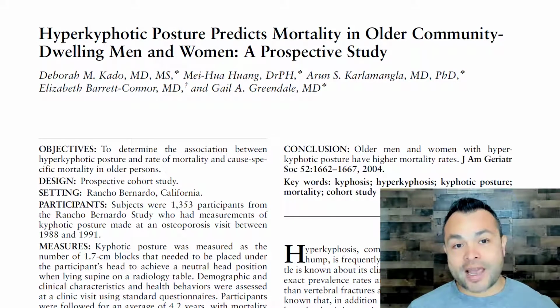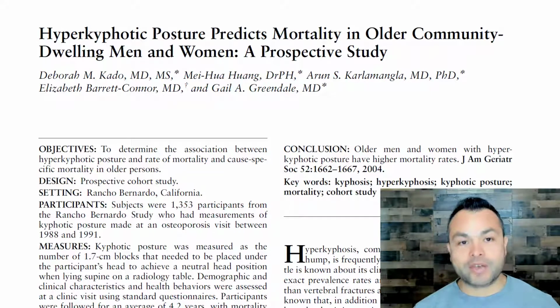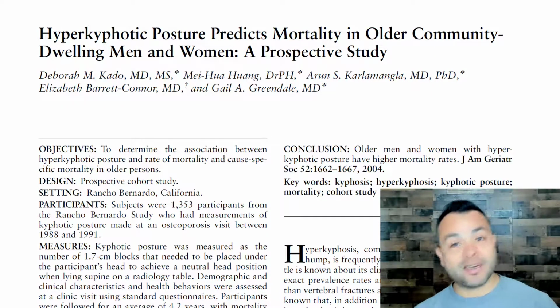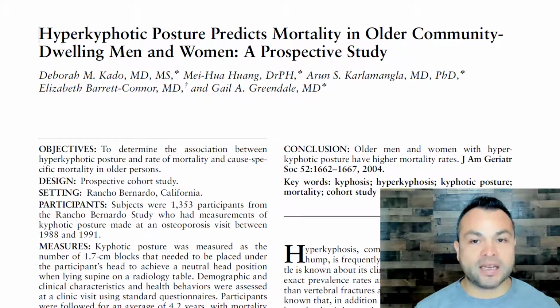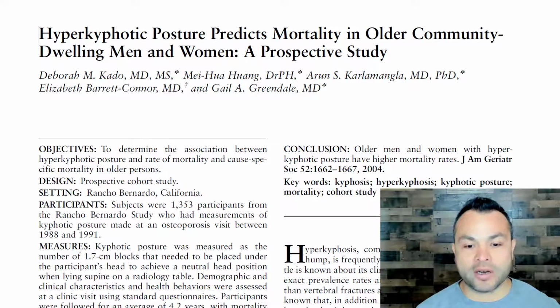In age and sex adjusted analyses, people with hyperkyphotic posture had a 1.44 greater rate of mortality, 144% increase in death. In cause-specific mortality, hyperkyphotic posture was specifically associated with an increased rate of death due to atherosclerosis, so heart disease, which is pretty interesting.